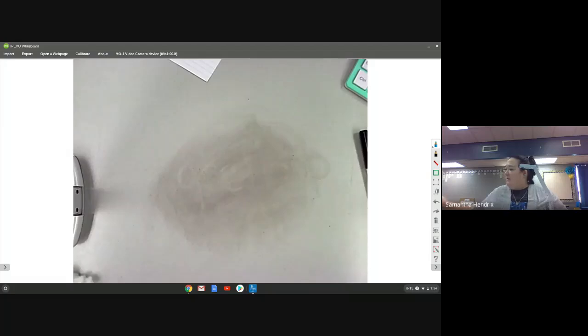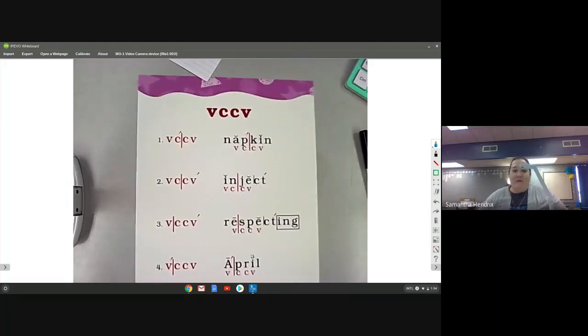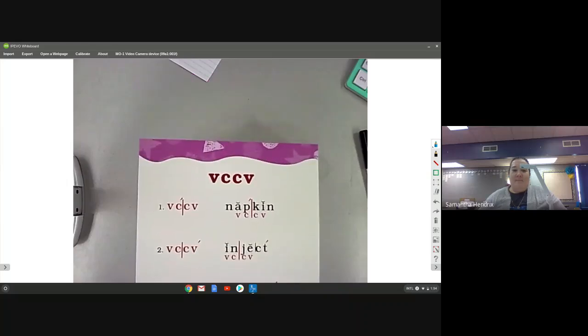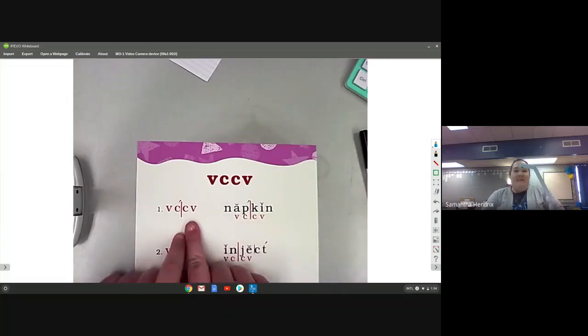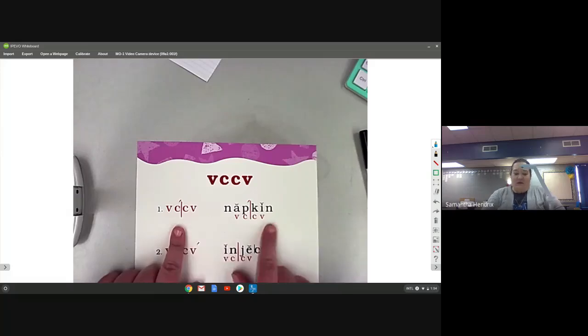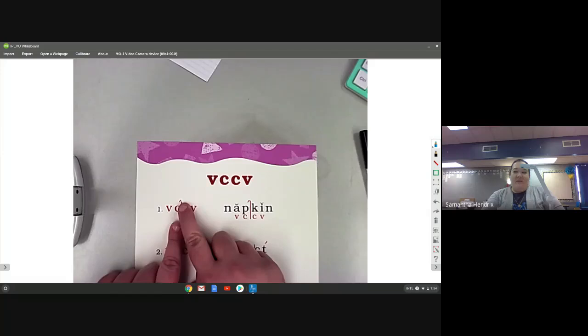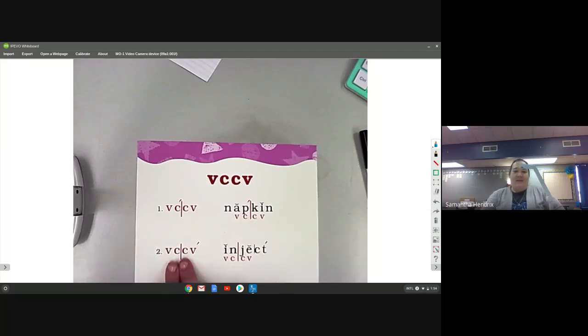Pretty cool, huh? I have another card to help us remember our rule. We're going to look at these two. VCCV, just like we did with napkin on the other card. We split it between the consonants, accent mark at the end of the first syllable, and then we can code our vowels over here and we can pronounce this napkin. Look at this one. Same thing. VCCV.